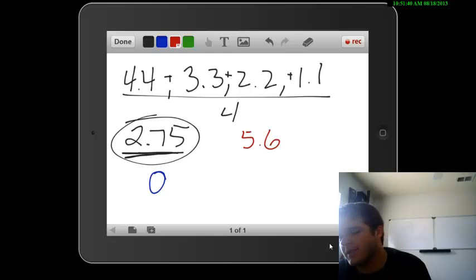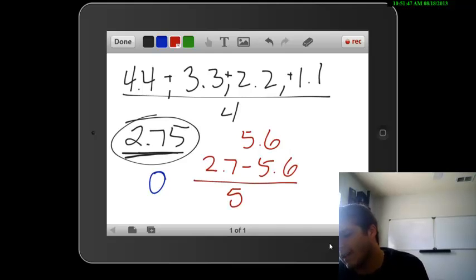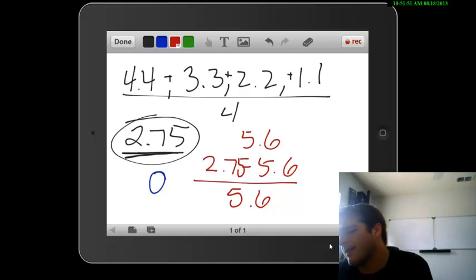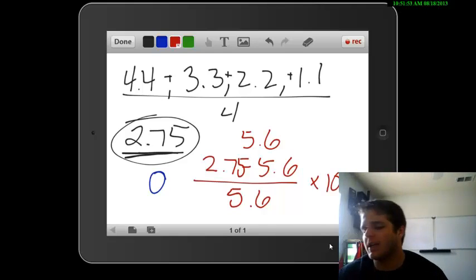Now, we have 2.75 minus 5.6 all over 5.6. Okay? You remember that formula. This was the formula for error, and we multiply all that by 100. So when we do that and we plug and chug it in our calculators, what do we get? Okay, remember, you're going to get a negative answer here, but we can't have negative in error, correct?